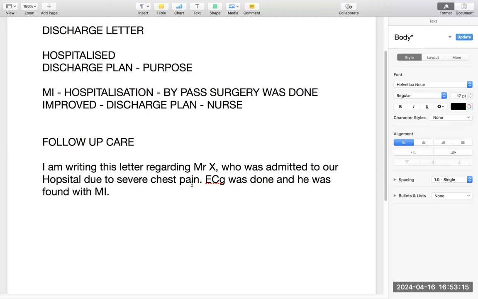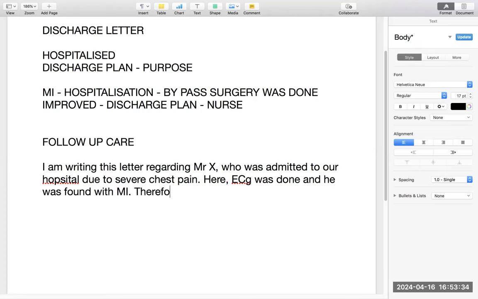So you will say, I'm writing this letter regarding Mr. X who was admitted to our hospital due to severe chest pain. You can also use a very good word over here, that is "here". That means here means in hospital. Here, ECG was done and he was found with MI. Therefore, stent or bypass surgery was done.